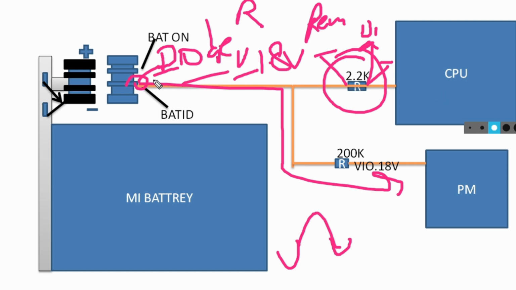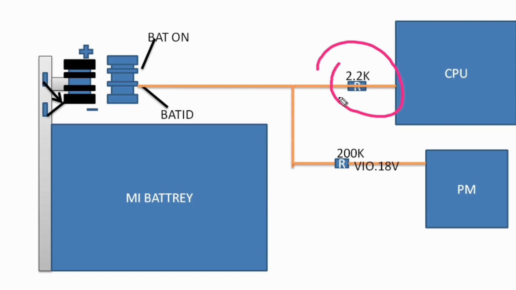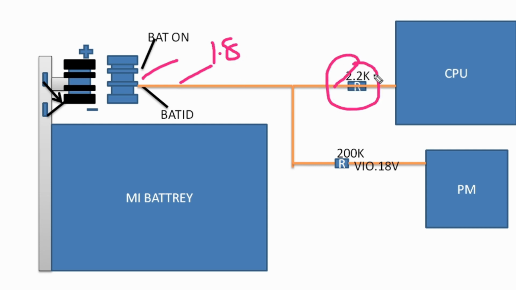If you get a diode value also here, this diode value sometimes belongs to the power IC, the CPU side line sometimes open, so you get here only the power IC diode value. You think everything will be okay. For that you must check here the CPU sense, the CPU will be connected to the battery connect, right? First you check the diode value, after that you check 1.8 voltage, after that you check this resistance and diode value here.